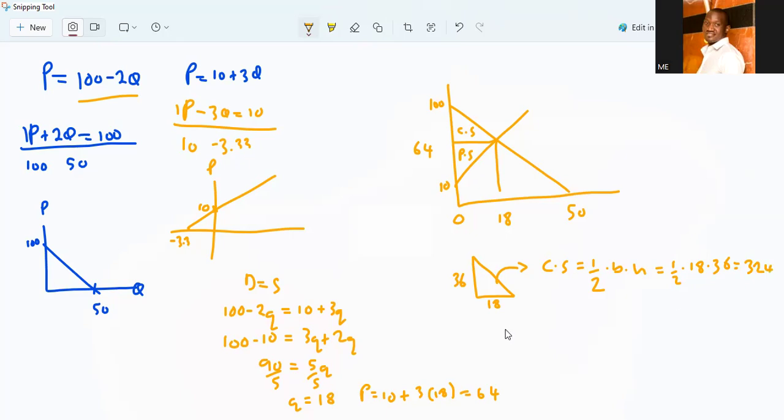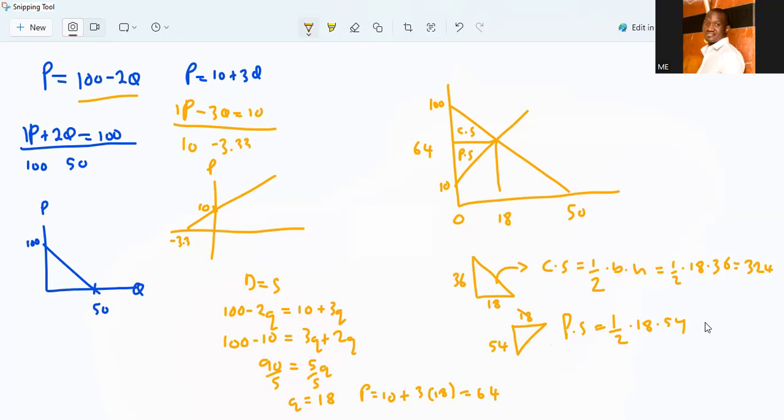The producer surplus also is sharing the same base, 18. But the distance from 10 to 64, you subtract the two numbers, is 54. So the producer surplus, therefore, will simply be half BH. So our base is what? 18. And our height is what? 54. 18 times 54, what do we get? 18 times 54 times half.